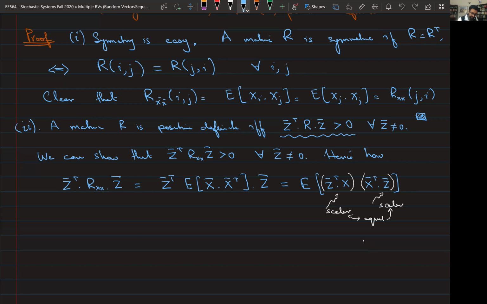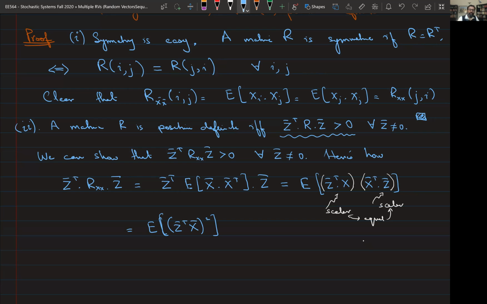Right? So what this really is, therefore, is equal to the expected value of Z transpose times X, whole squared. So this thing that we're computing turns out to be the second moment of a random variable, which is what we defined it as.